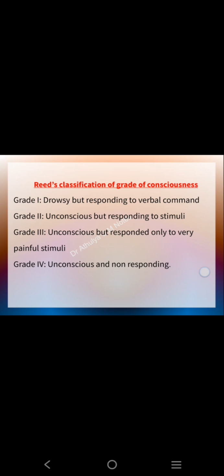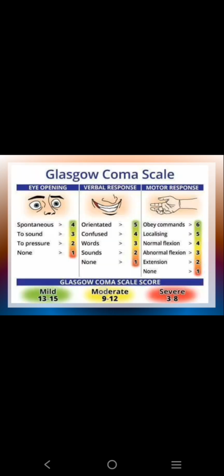It should cause pain to that patient, but it should not cause any injury. In that condition, if the patient is responding, he can be graded into grade 3. In the last, grade 4, he is totally unconscious and not at all responding to any type of stimuli. That is the Reid's classification of grade of consciousness.